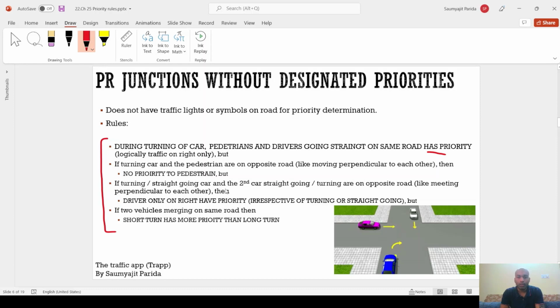If a straight-going car and a second car, going straight or turning, meet perpendicular to each other, the driver on the right has priority. If two vehicles are merging on the same road, then a short turn has more priority than a long turn. This we also discussed in the earlier video.